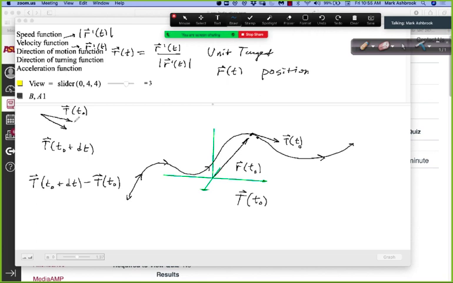Would it point down to the left or up to the right? Down to the left, right? Final minus initial. So this difference would be that vector right there.